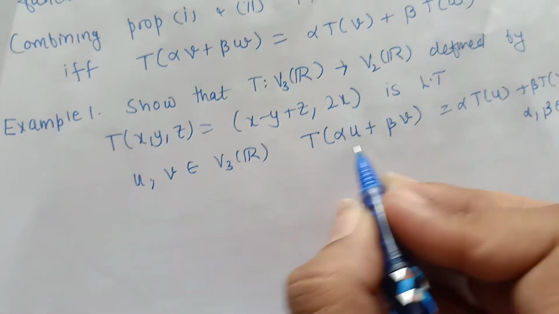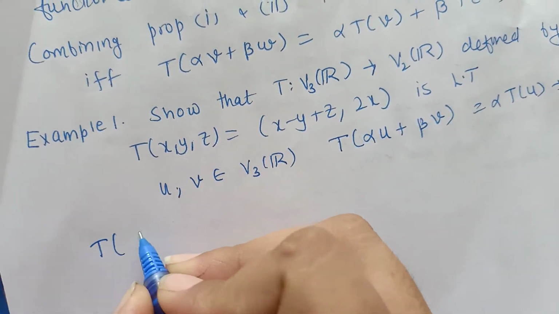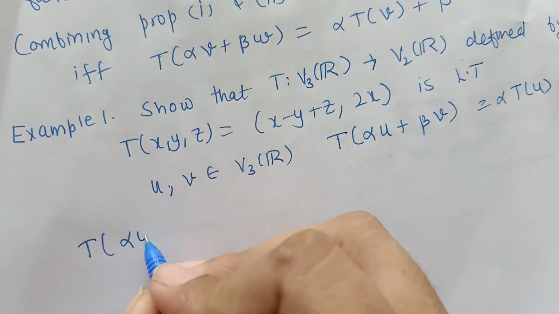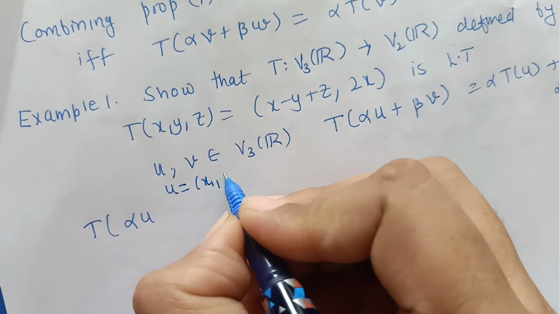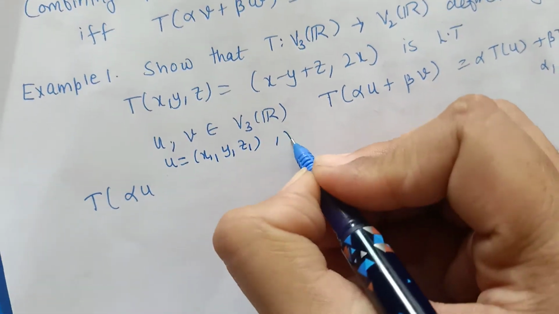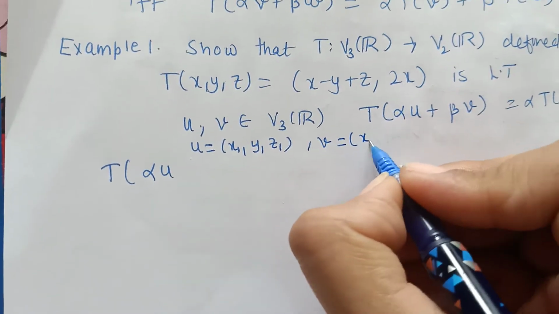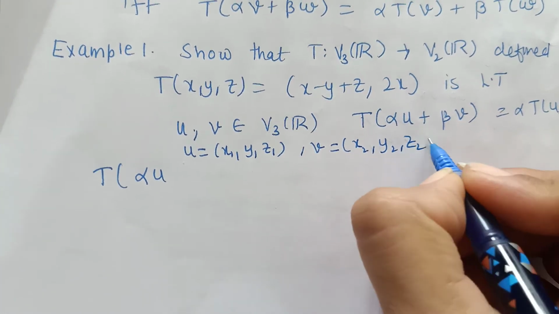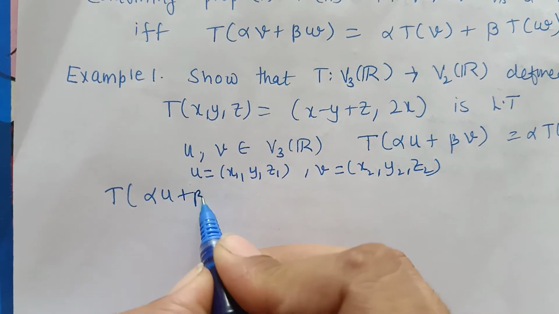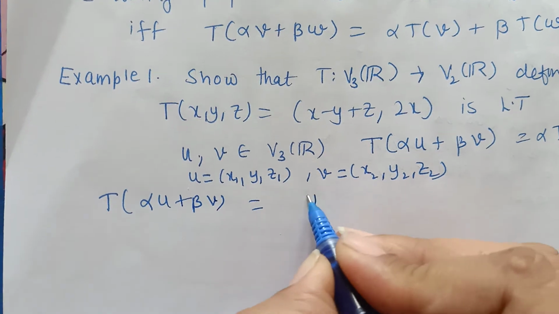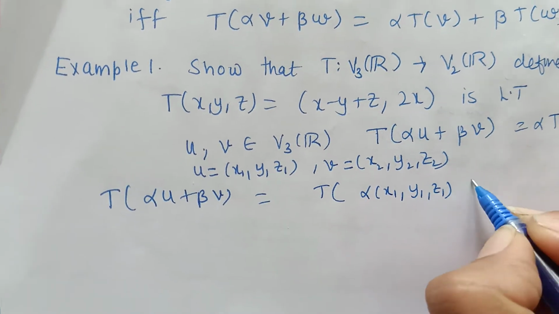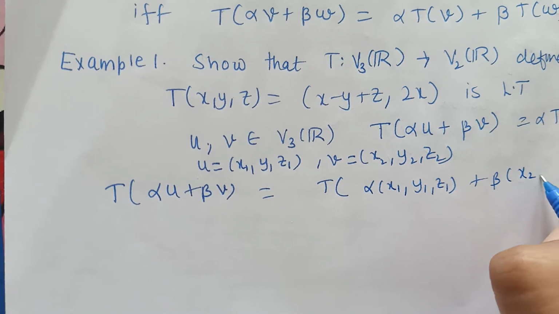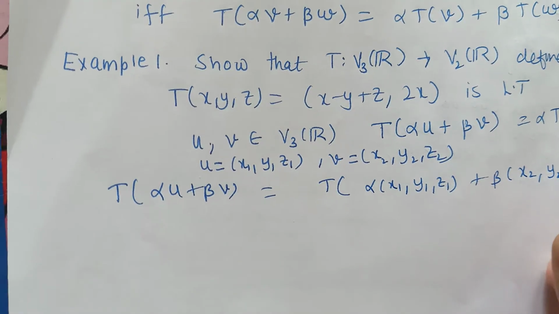So let us start with the left hand side. T of alpha, let our u be x1 y1 z1 and v be x2 y2 and z2. So alpha u plus beta v will look like T of alpha x1 y1 z1 plus beta x2 y2 z2.